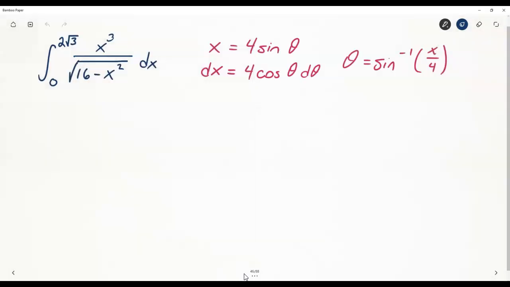I know I'm going to need dx, and I see it in the problem. So I'm going to differentiate that and get 4 cosine of theta d theta. This other expression, I may need it, but that's going to come at the end of the problem. It's going to come back up later. I have a lot of steps to get through before I come back to that.